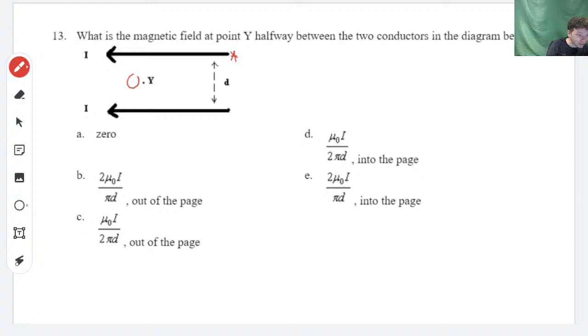Right? So coming out of the screen like this. Okay. Now if you look at the bottom wire and you do that same right-hand rule, at Y, the magnetic field is going into the screen.